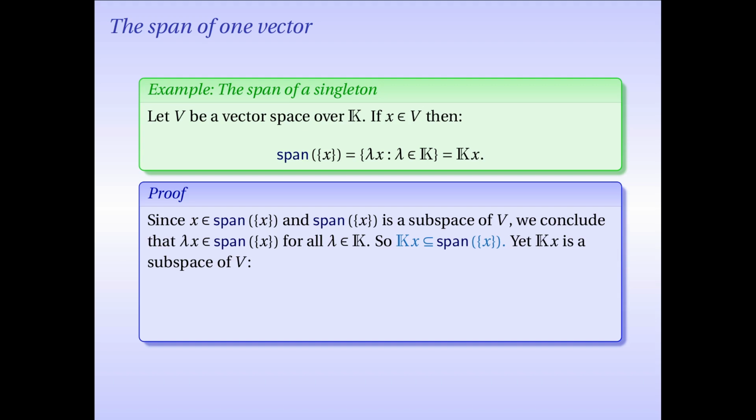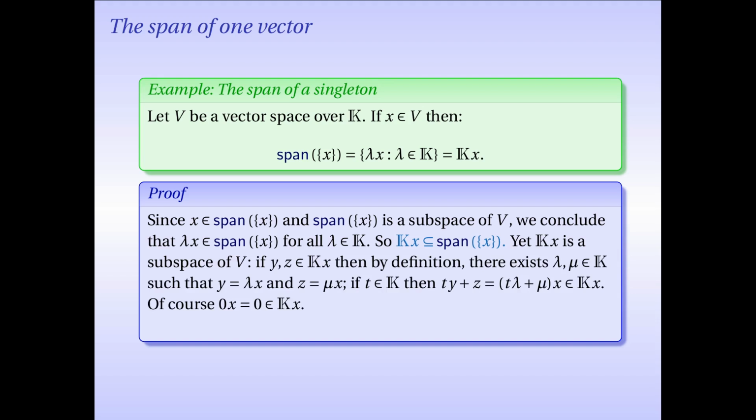On the other hand, K times X, it turns out, is a subspace of V itself. Let's see that. If you take Y and Z elements of K times X, then by definition, there exist two scalars, lambda and mu, such that Y is lambda times X, and Z is mu times X. If you take any other scalar, call it T, then T Y plus Z is easily calculated to be (T lambda plus mu) times X. And that is, by definition, a vector of K times X. Since 0 times X is 0, therefore 0 is an element of K times X, in other words, K times X is not empty.